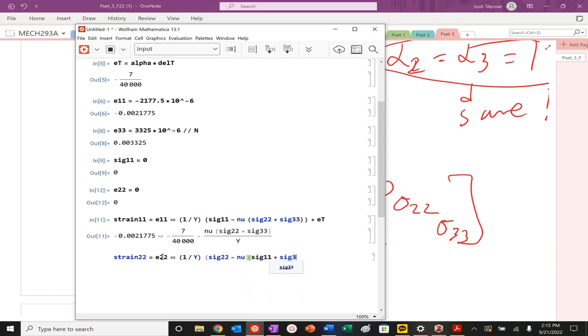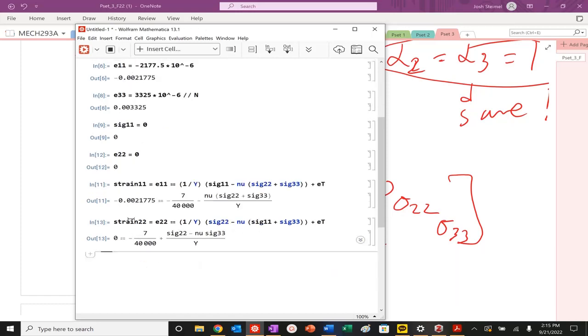Struggling with parentheses here. Close it, plus ET. And then copy and paste. So I could do strain 3, 3 equations.